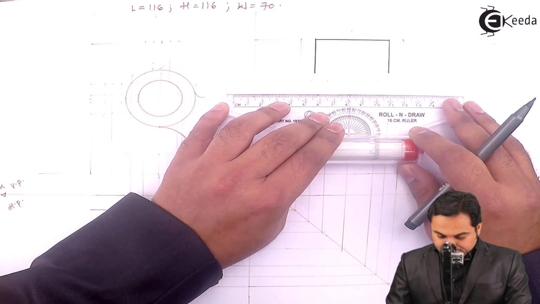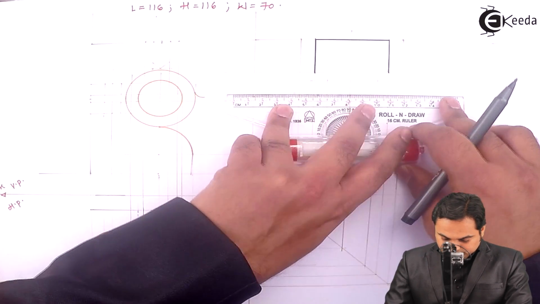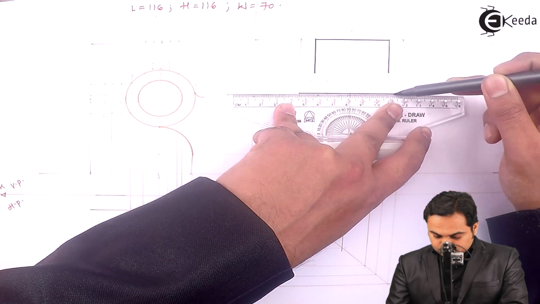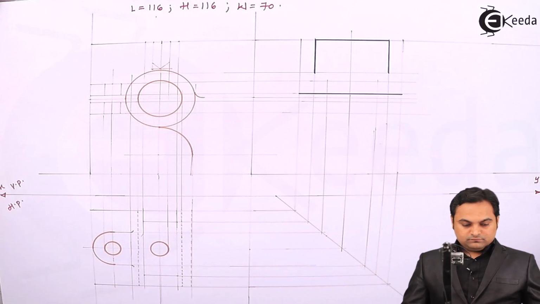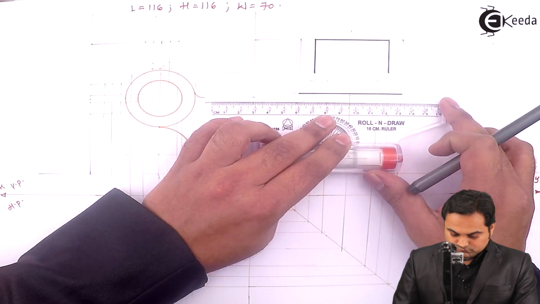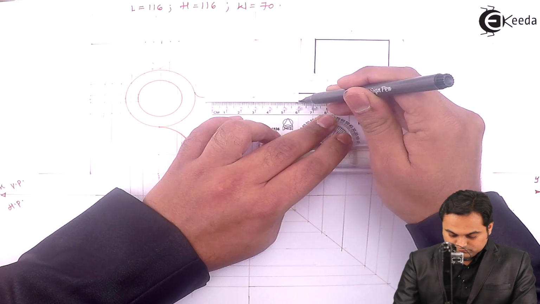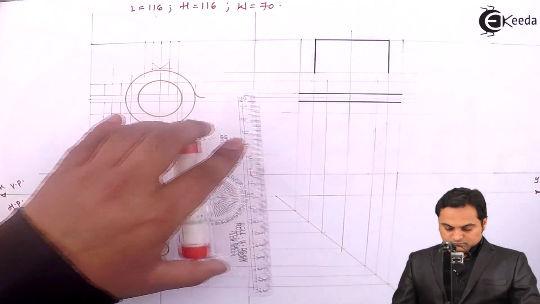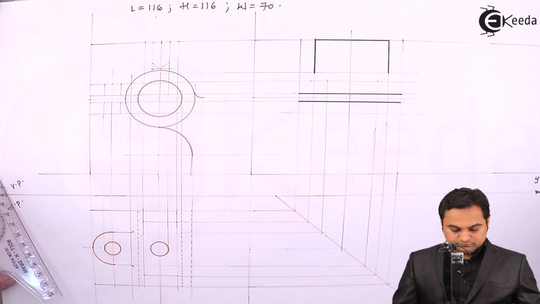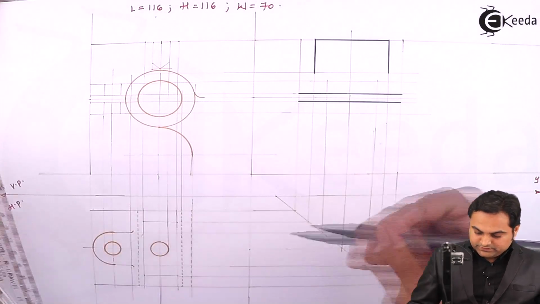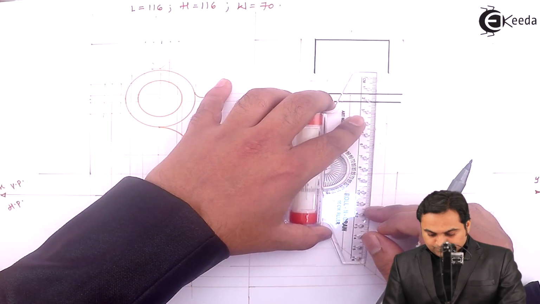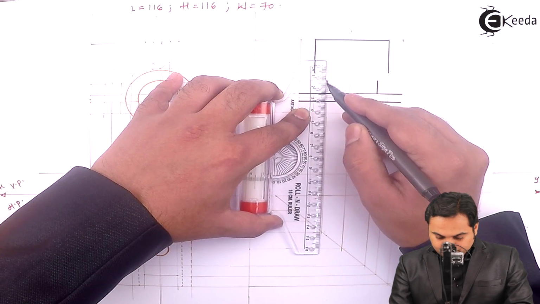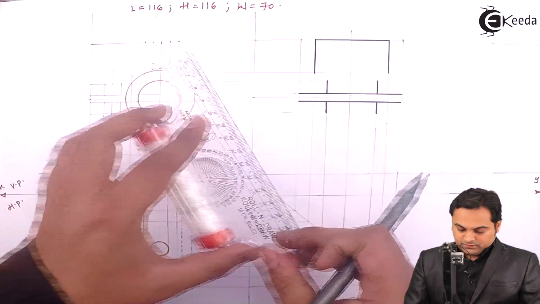Then the cut is there throughout. Next, the plates which are there, it will be seen from the side view.